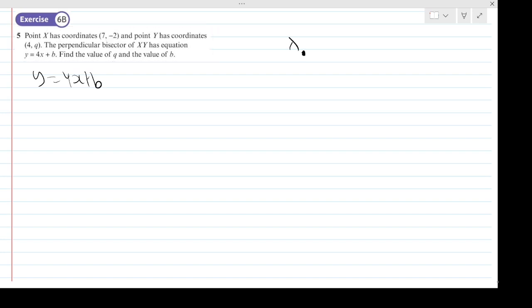So we have the point X there, and say Y again would be down here somewhere. So Y has coordinates (4, q), and X is (7, -2). Again, I'm not worried about exactly how correct my orientation of the line is. I'll just draw a generic line again, connecting the points together, just to help me visualise what's going on. So we have those 2 points on the line.